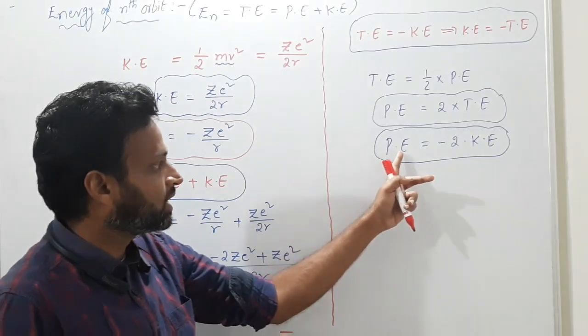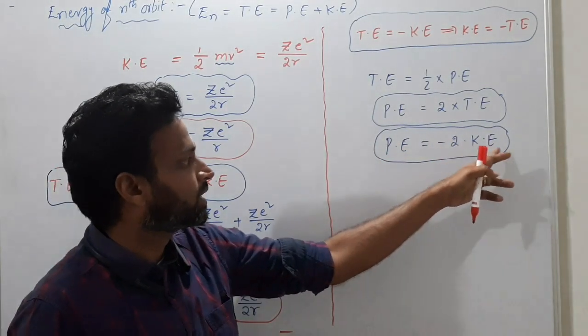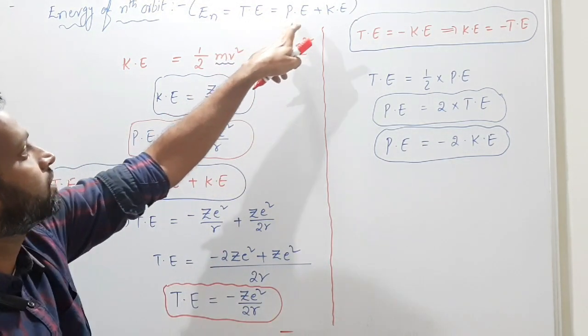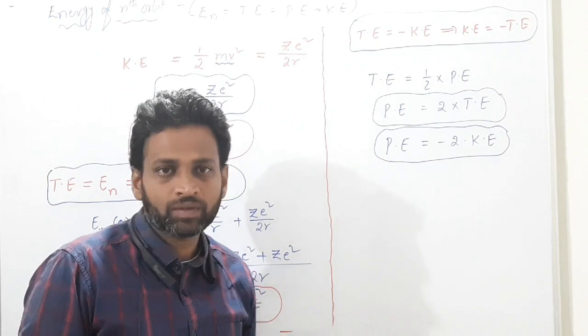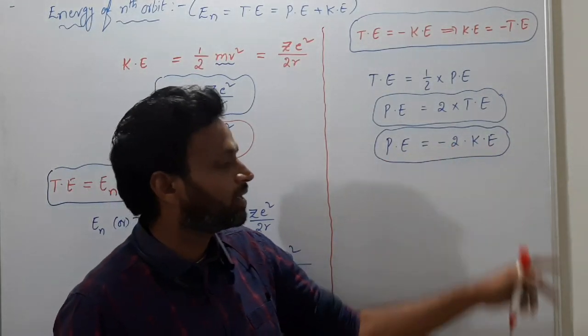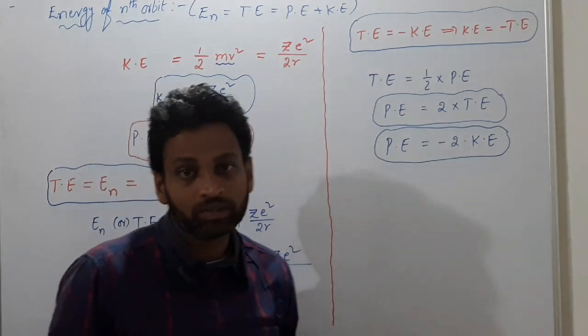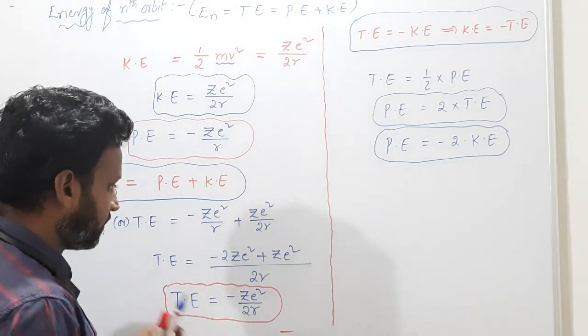So here potential energy is minus 2K. Total energy is P plus K, so P is equal to minus 2 into K. So these are the relations. Till here, please remember these relations, everyone.